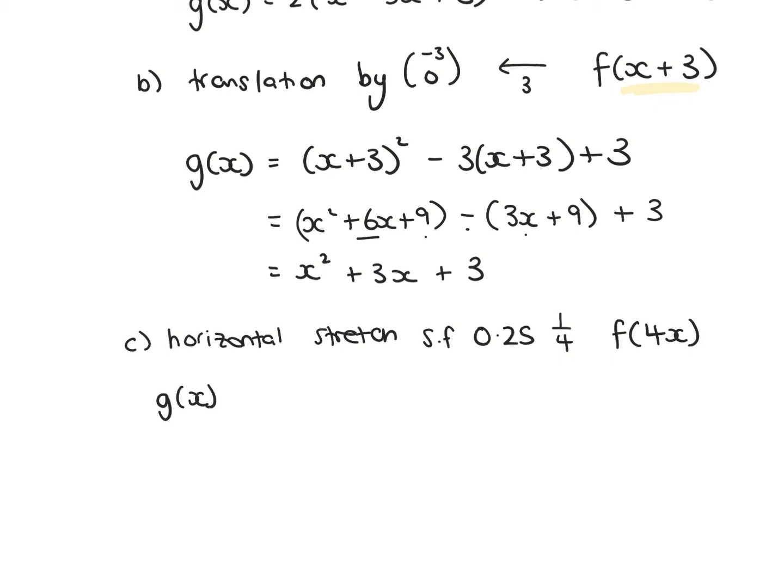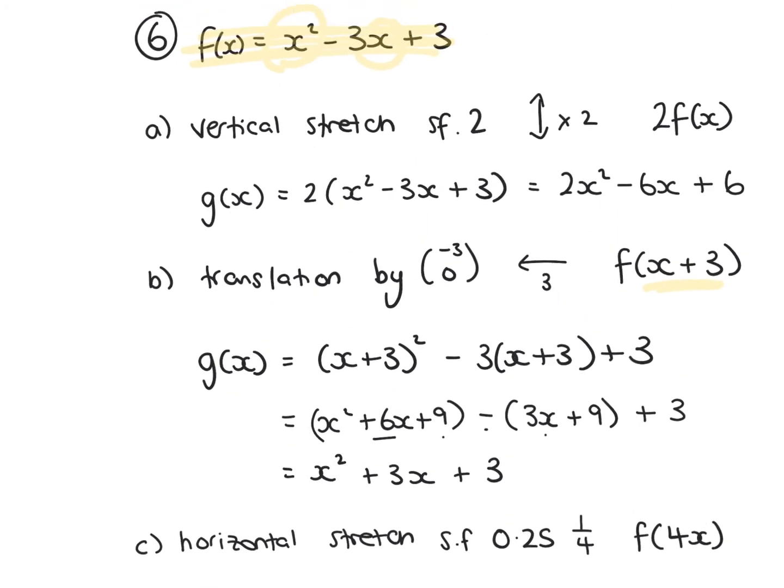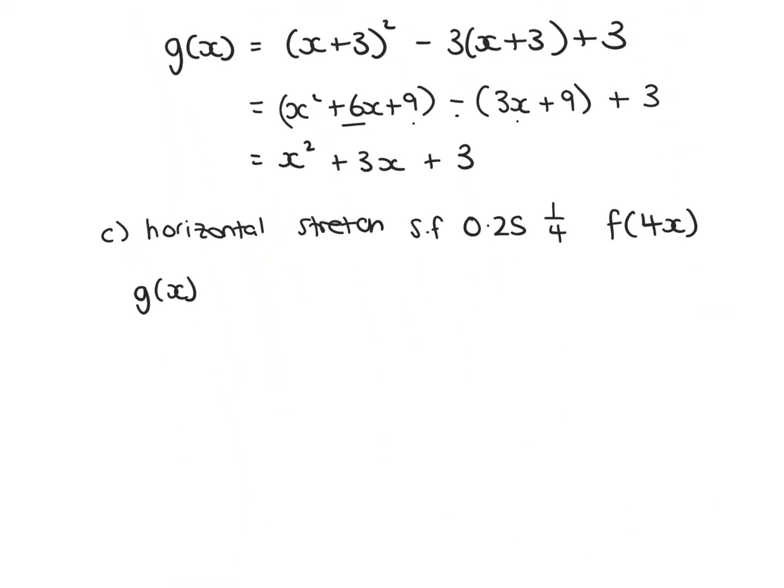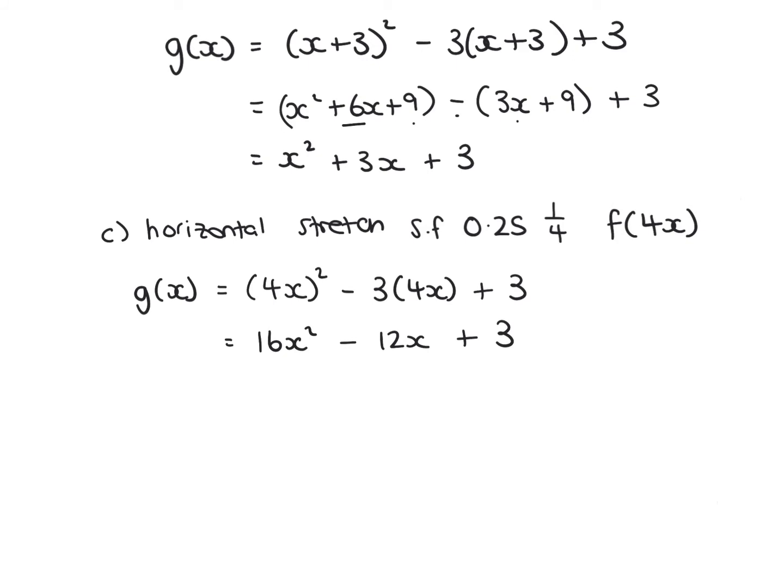Again, I go back up to my f of x, which was x squared minus 3x plus 3, and instead of the x, I'm going to put the 4x. So (4x) squared minus 3 of my 4x plus 3. And that's going to give me 16x squared minus 12x plus 3. Okay, that's everything for question 6.